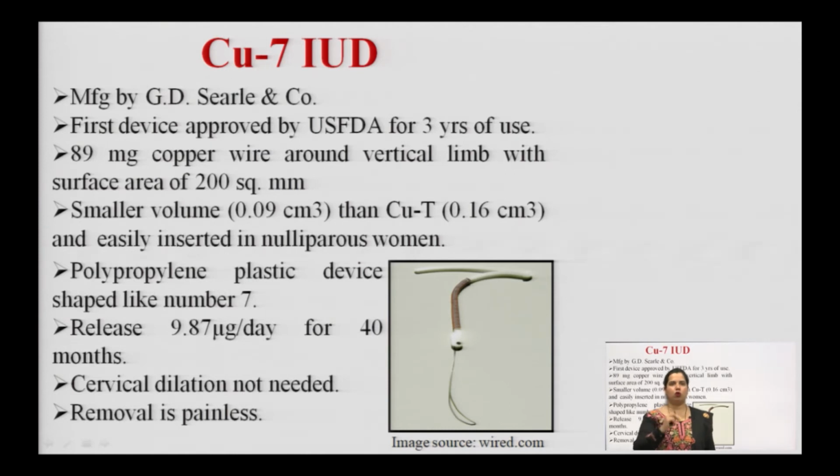So, smaller volume, and these are specially designed for this type of women, and it is observed that nulliparous women carried these 7 shaped copper bearing IUDs very well as compared to the other type of women. The polypropylene plastic device is shaped like the number 7. The basic stem is made of polypropylene plastic and it released 9.87 microgram per day for 40 months.